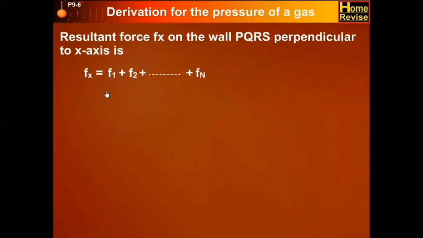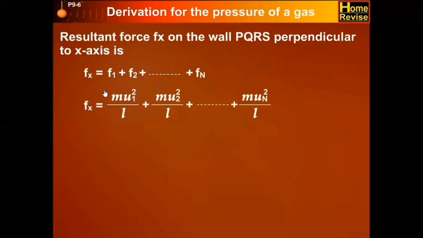In the same way, we can easily find the y direction and z direction. Now we put in the values of F1, F2, F3. This is very easy. Then we take m by L common, so that m by L multiplied by u1 squared plus u2 squared up to un squared.